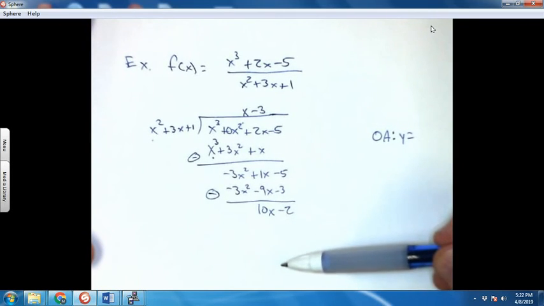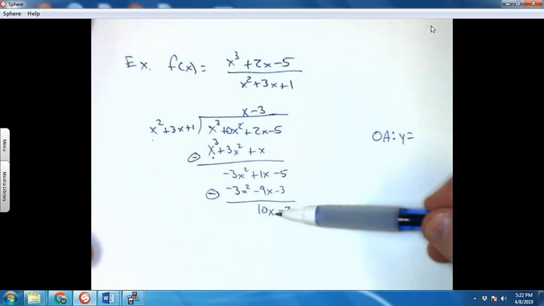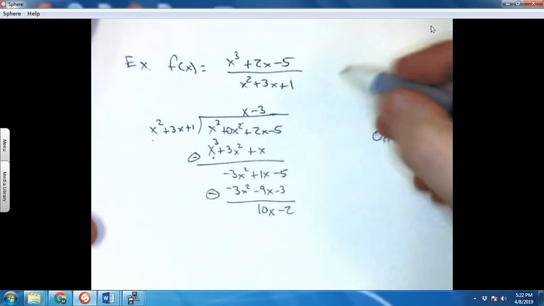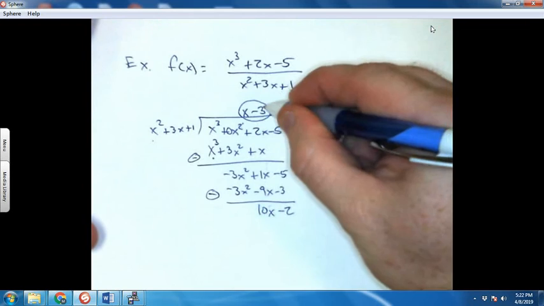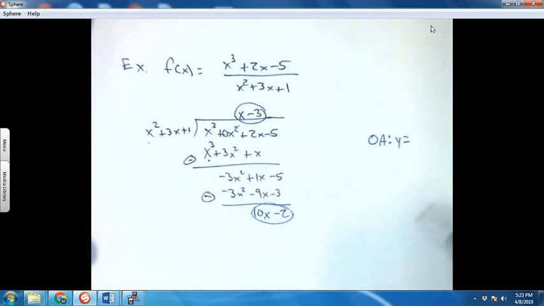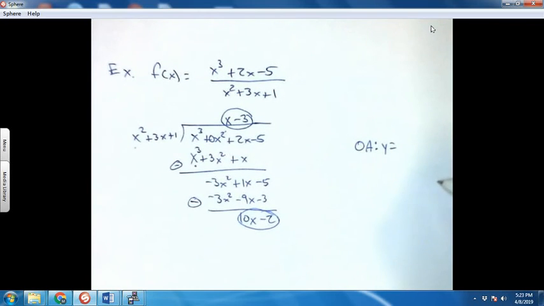And I know it's the remainder because it has a smaller power than my original answer over here. So with that, this is my oblique asymptote. And this is my remainder, which I don't care about. So the equation of my oblique asymptote is y equals x minus 3.